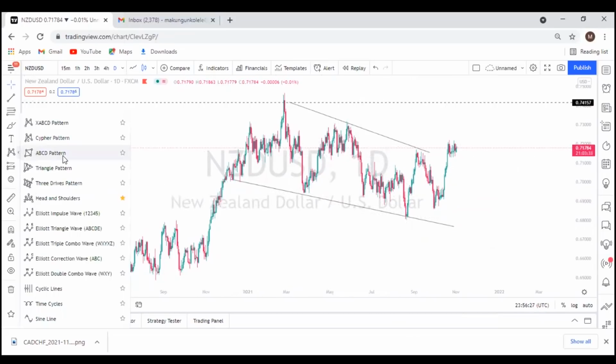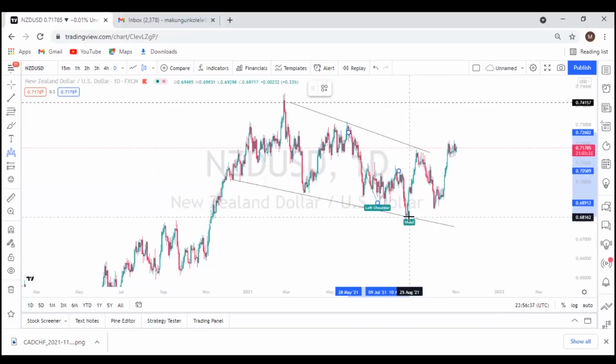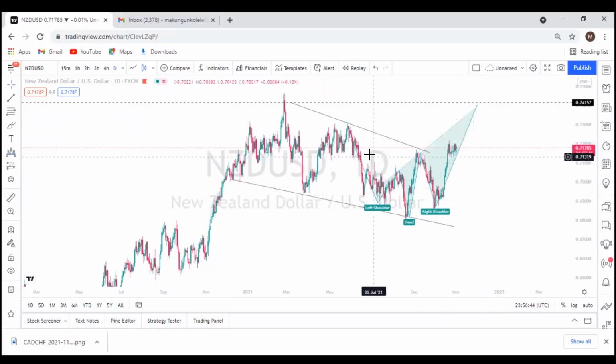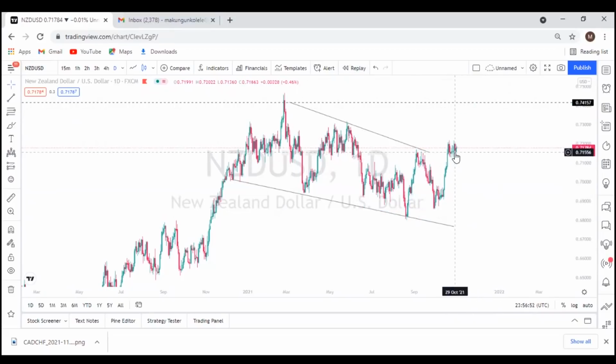And this is supported by patterns within our structure. As you can see, we had this inverse head and shoulders here. We had that, right? So this confirmed our structure that this thing is bullish, this thing is going to buy.